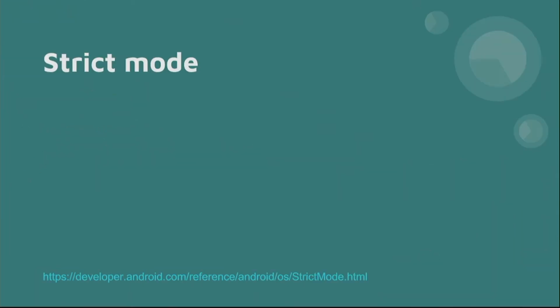Strict mode. It's not about a static code analysis tool, but it's about a mode of your application, which you may enable in develop. It's a mode which helps you to find problems with ANRs when you do some background operations in the UI thread, like writing to the file system or reading from the file system.